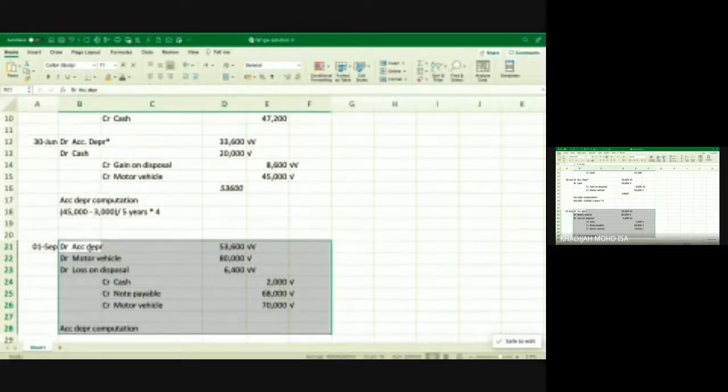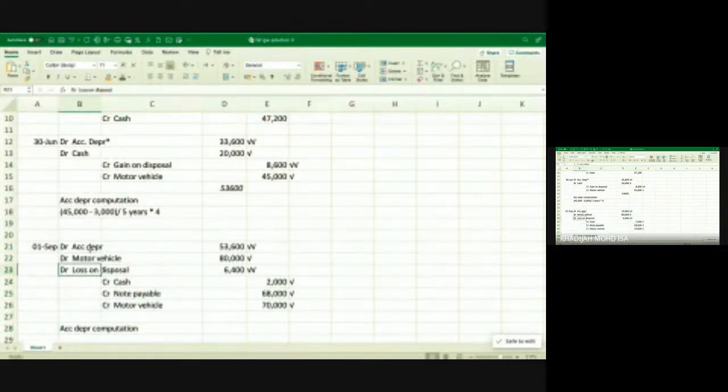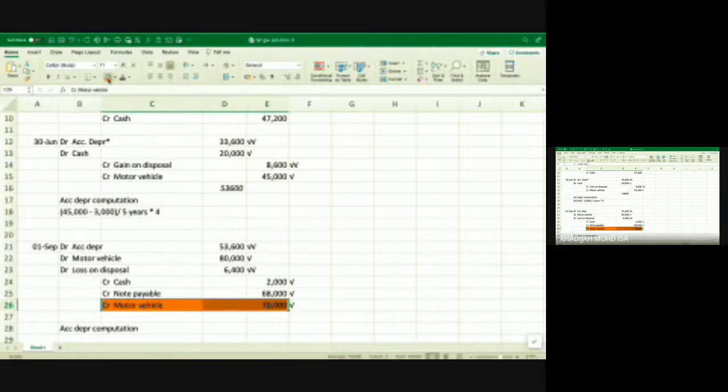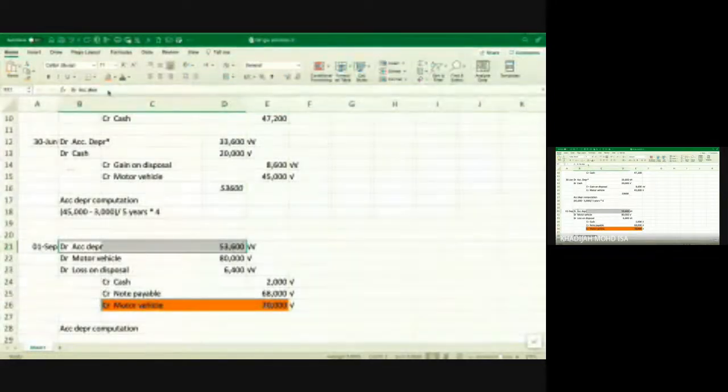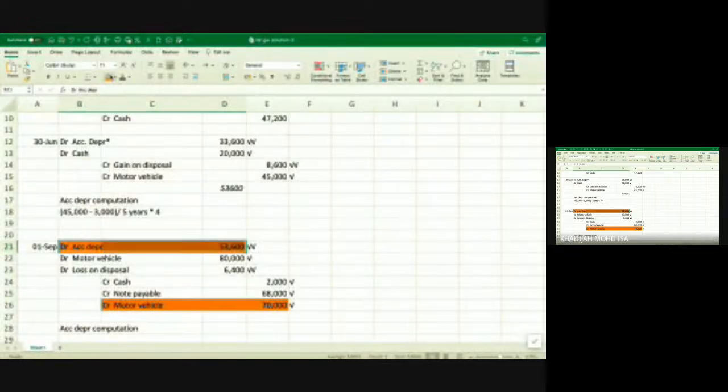For the old van, remember? We have the motor vehicle, we're going to credit 70,000. Accumulated depreciation, we are going to debit 53,600. What else? You pay 2,000 for the new van, and the balance. How do you get the balance here?